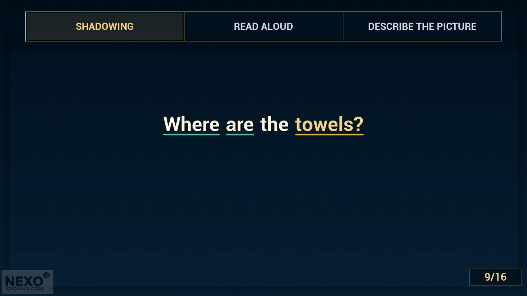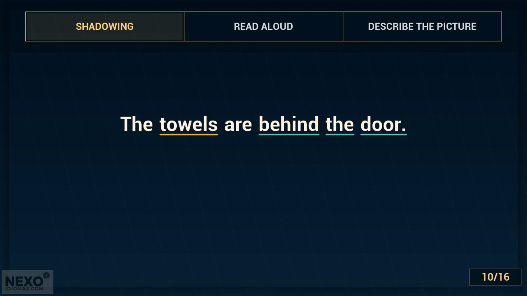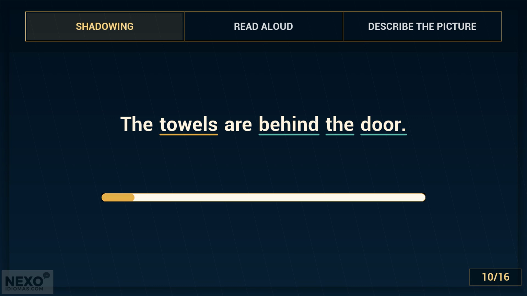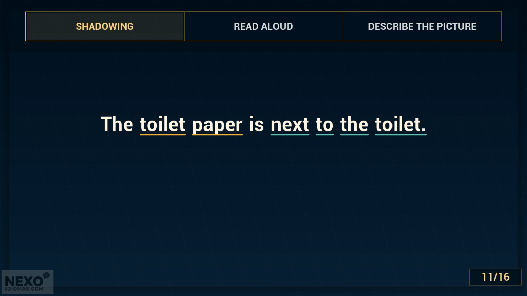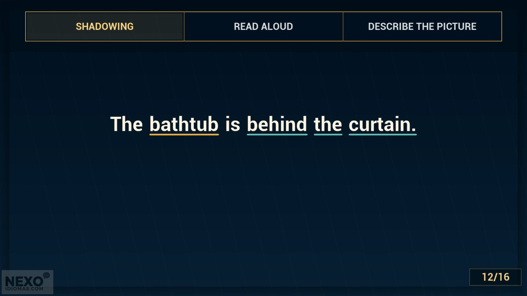Where are the towels? The towels are behind the door. The toilet paper is next to the toilet. The bathtub is behind the curtain.